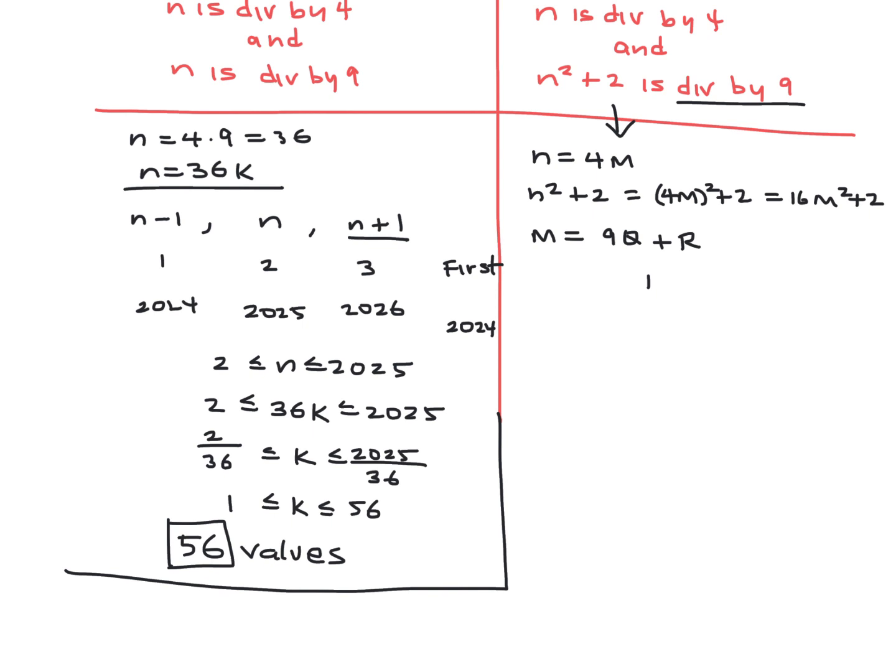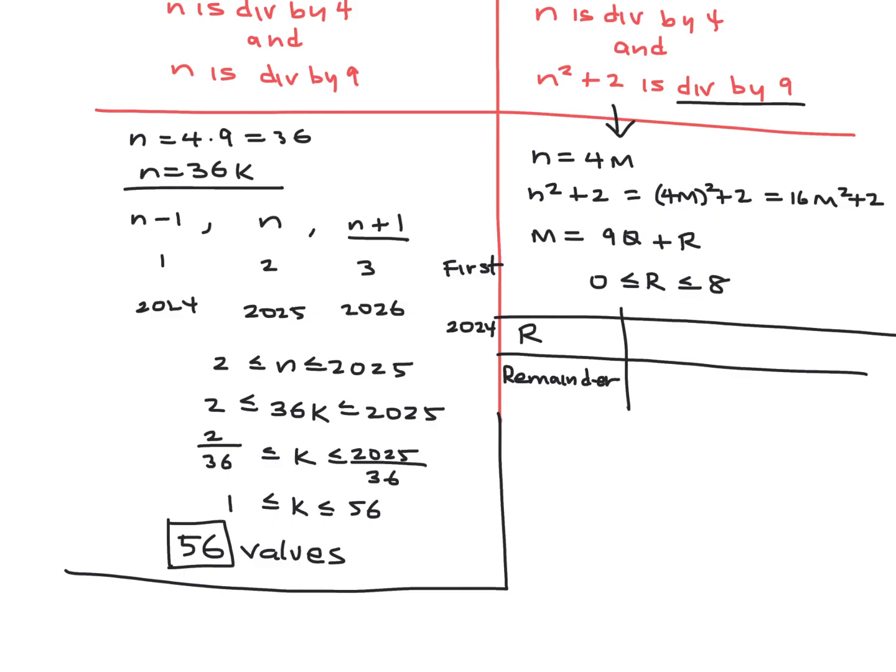And the remainder obviously would be anywhere between 0 and 8. So the value for r, the remainder, that's going to be something we have to check on. So the value for r is between 0 and 8, right?